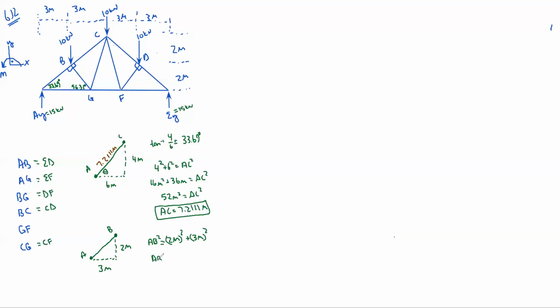So AB squared is equal to, that's not 9 meters, I meant to say 13 meters squared, which meant that AB comes out to be, you guessed it, 3.6056 meters. Circle that, and then I'll annotate it on the picture so that it's a little bit easier to find for you.